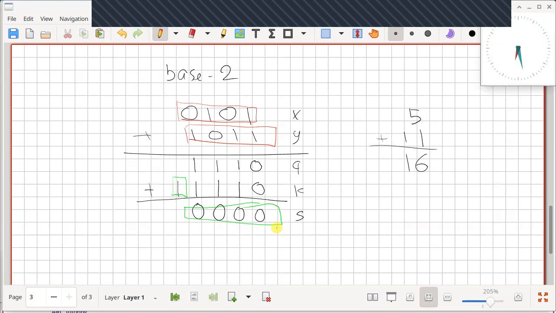Q is X4 for XY, and K is for XY and K, and then S is X4 for TK. You can still apply the R and the C, except in this case, the R is computed using an exclusive OR gate, and then the C is computed using a conjunction.